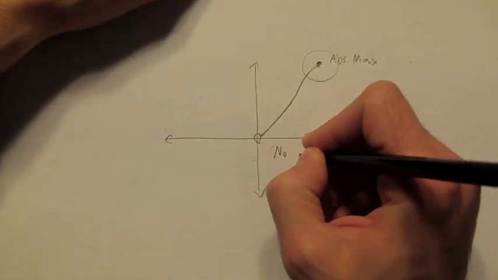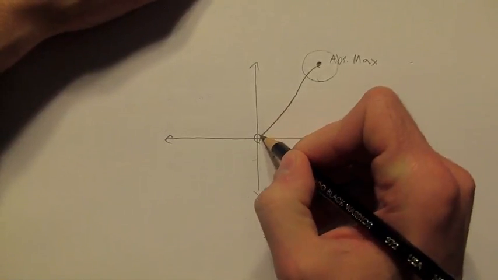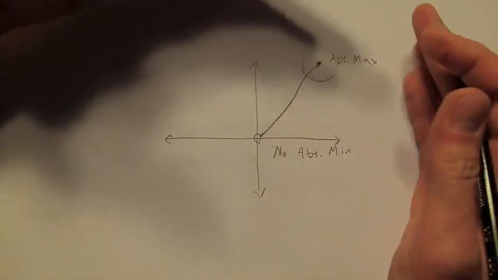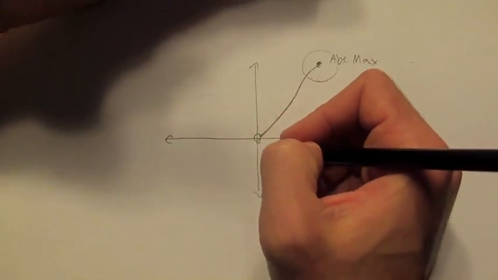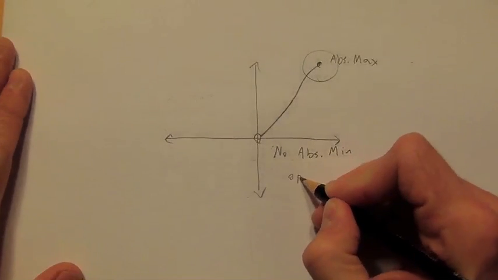Okay, so we have no absolute minimum, right? Because we keep getting closer and closer and closer to 0 here as we come down, but we never actually get there. So we can't actually pin down a point and say that that is the lowest one on the graph at all.